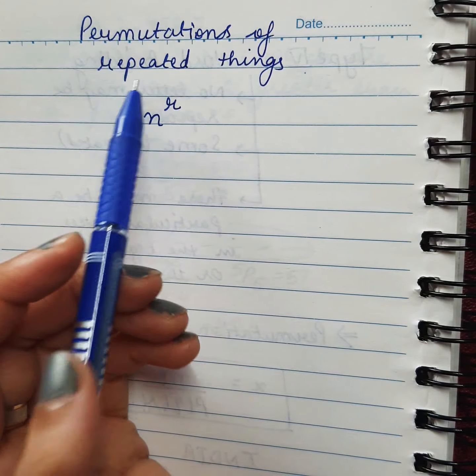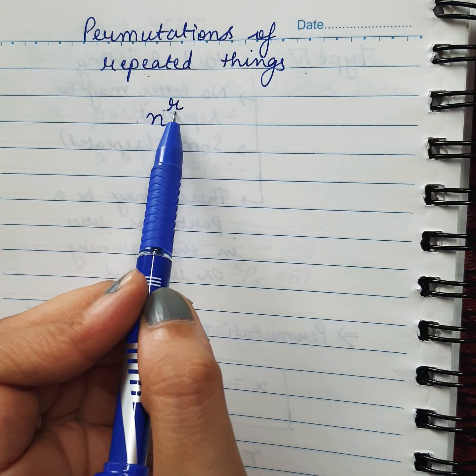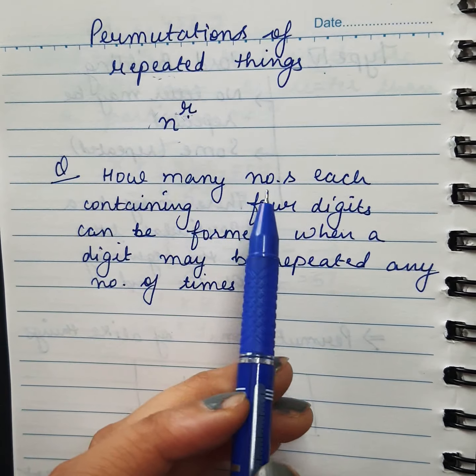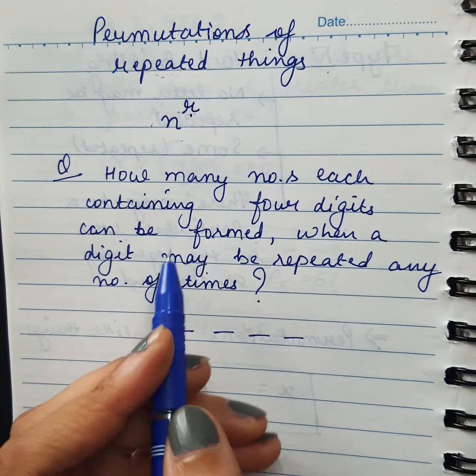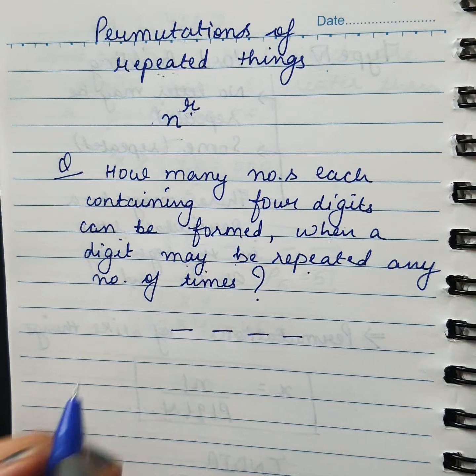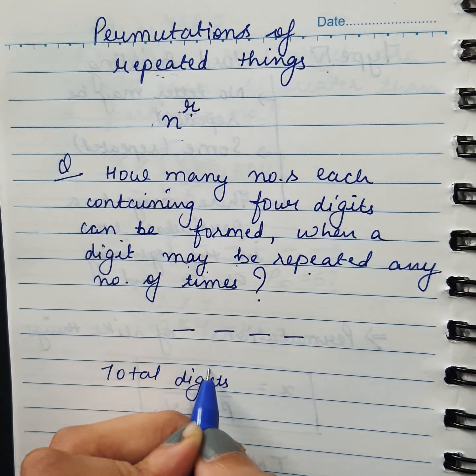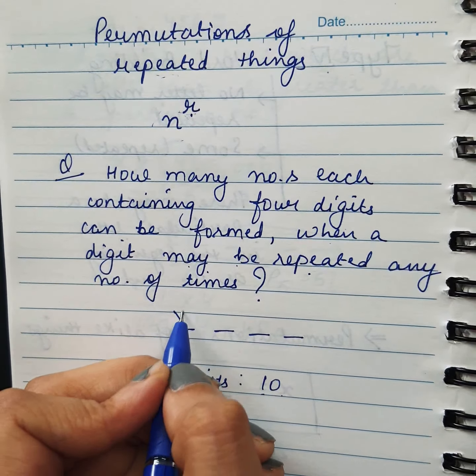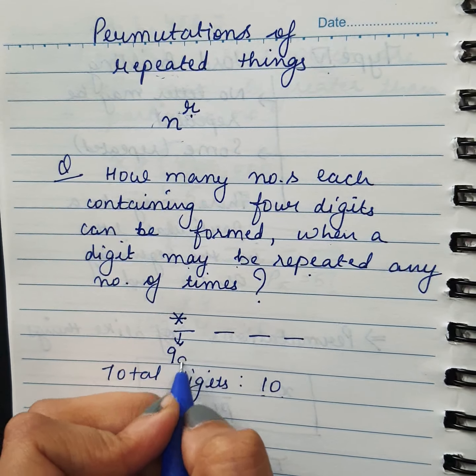Next, permutations of repeated things. So the total number of things and the repeated things with the power. Let's understand this with the help of an example. How many numbers, each containing 4 digits, so 4 places are supposed to be filled, can be formed when a digit may be repeated any number of times? So total digits we have 10, from 0 to 9. Out of these 10 digits, the first place cannot be 0, so I am left with 9 digits to fill here.